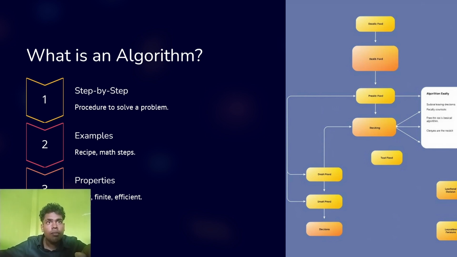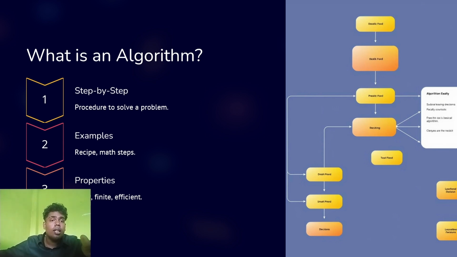An algorithm is a step-by-step method to solve a problem. That means, if there is any problem, we can solve it step by step. That is the algorithm. So, for example, making tea.